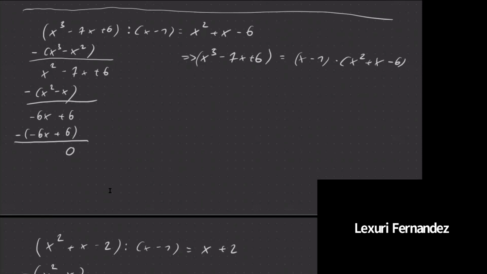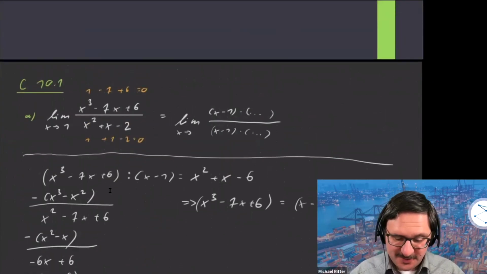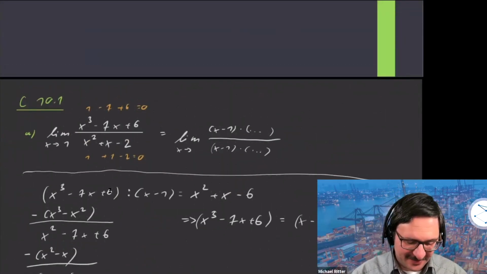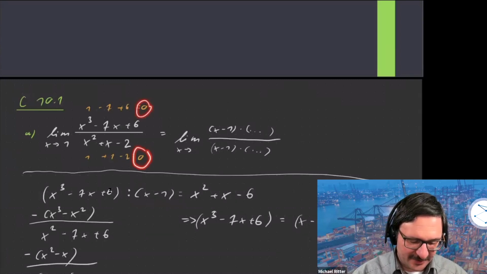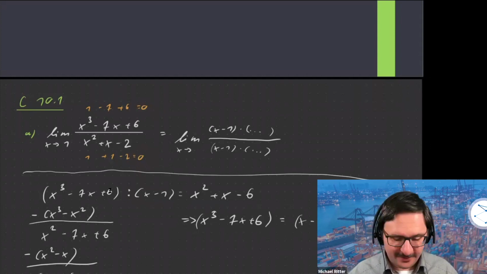Then it says, why did we factor out x minus 1? Because that seems to be the problem here. So we found out that both the numerator and the denominator were 0 at x equals 1, right? And that means 1 is a root of both numerator and denominator.